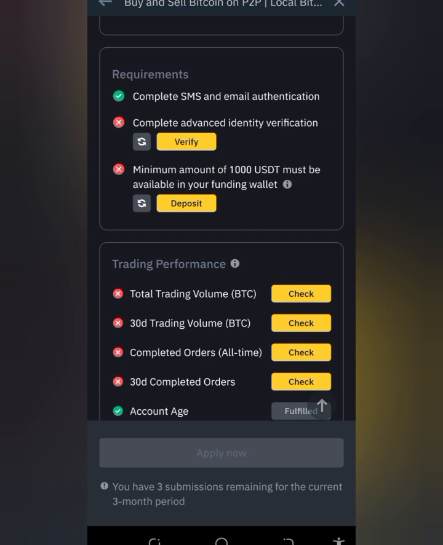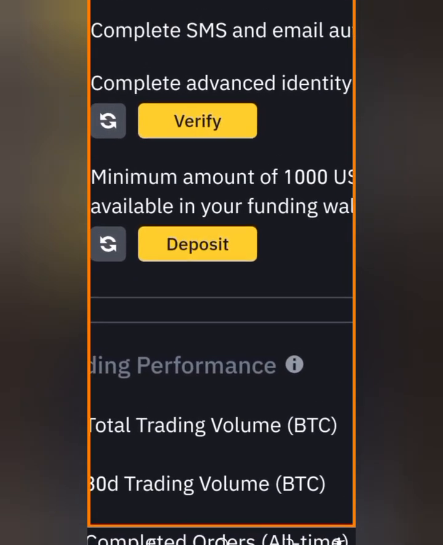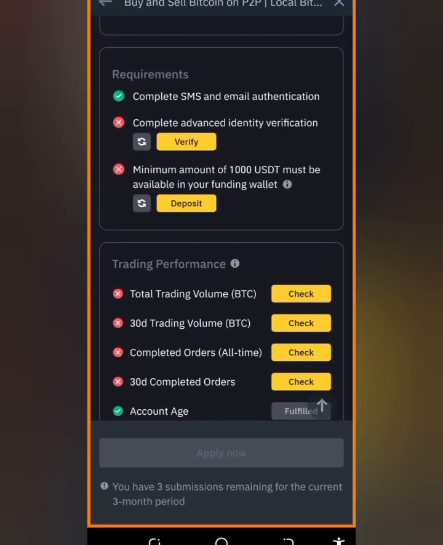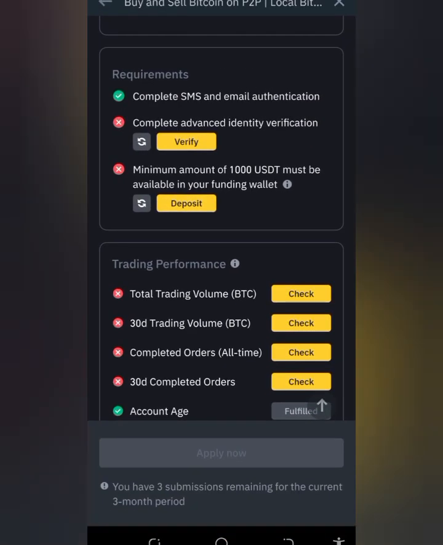Don't mind me. So when you do that, then it now says minimum amount. Look at this here. Minimum amount of 1,000 USDT must be available in your funding wallet. Yeah, you got to have a minimum of 1,000 USDT. How much is that? That's like in Naira, about 750,000 Naira.